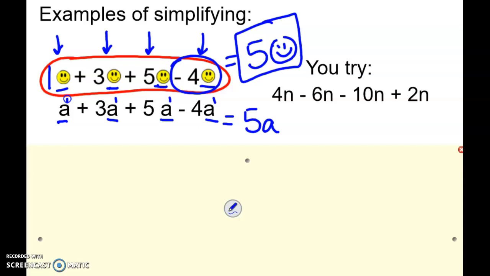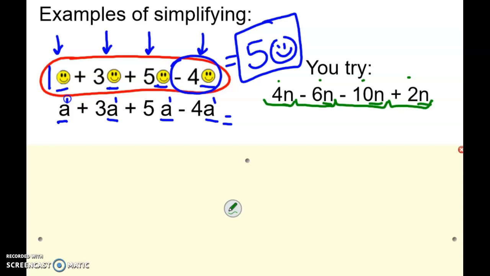Okay, now I'm going to teach you a trick. I want you to underline the terms. I've got 4n. Now this negative stays glued to the 6n, so that's negative 6n, and then negative 10n, and then 2n. So again, I have 4 terms. They all match. They all have the same variable, n to the same exponent. And now I put them together.